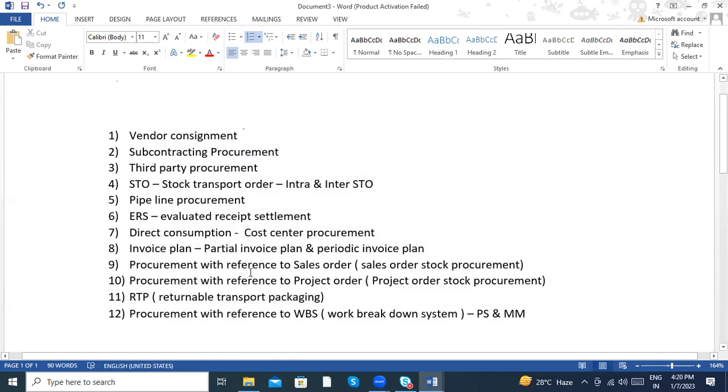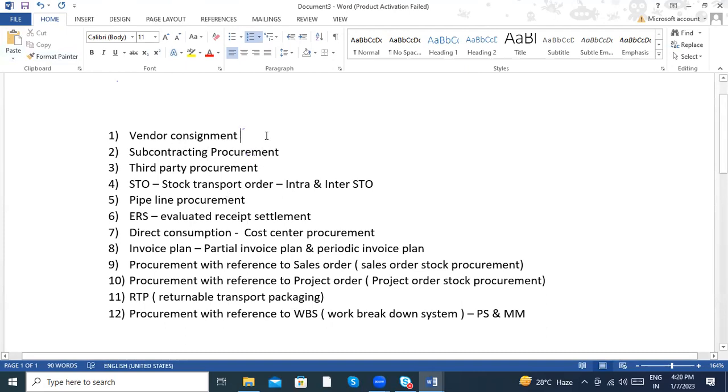When we're talking about material management, there are different kinds of business processes. It is not necessary that clients follow the standard P2P process. They can go ahead with these business processes as well, like the consignment process, subcontracting, third party, STOs, pipeline.